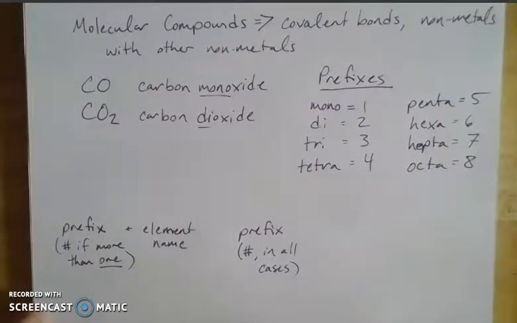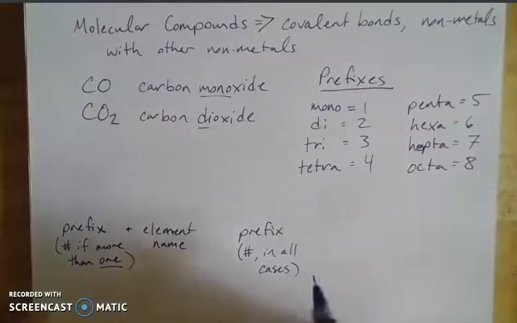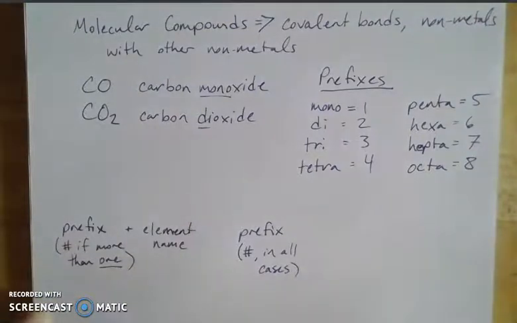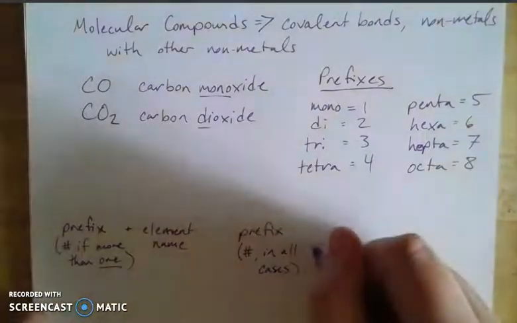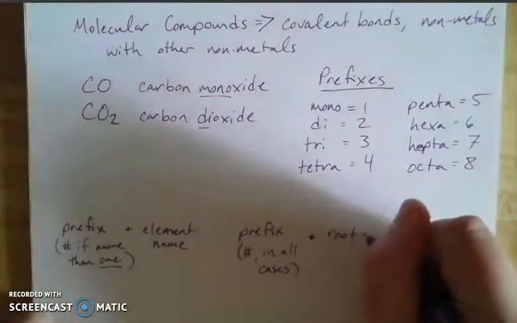If there's only one way that you can fit together particular elements, then they usually will drop the prefixes because it's just understood that there's just the one way. But for our purposes today, we'll focus on the prefixes as they apply, so we'll follow the rules. Now, the second part is a little bit trickier. It's not the full element name, it's the root of the element name.